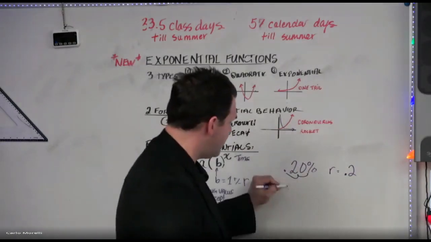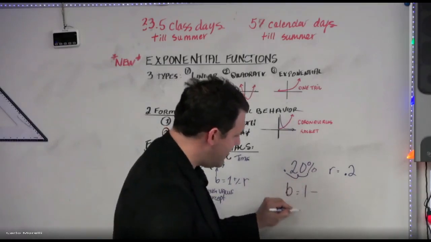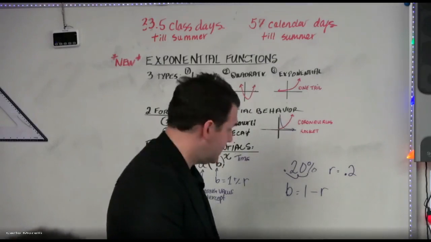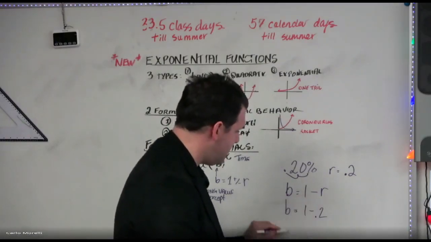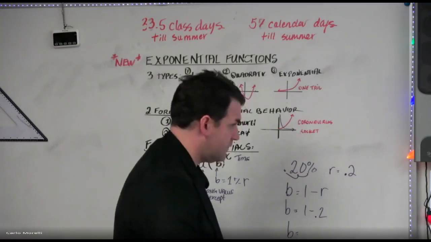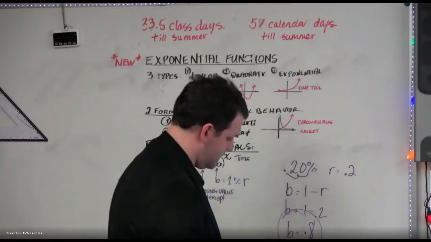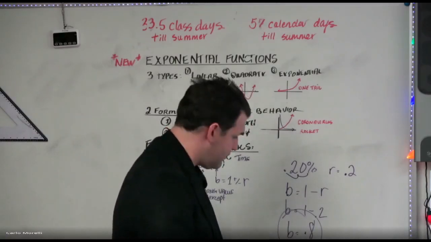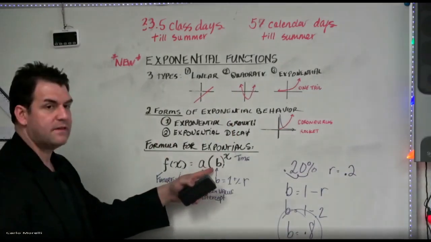So remember, this time B is equal to 1 minus R, because it's decaying. So B is equal to 1 minus 0.2. So what's B? 0.8. Is this less than 1? Yeah. So that's decay. That's a signal. You see a number less than 1 in those parentheses, you know that it is a decay function.